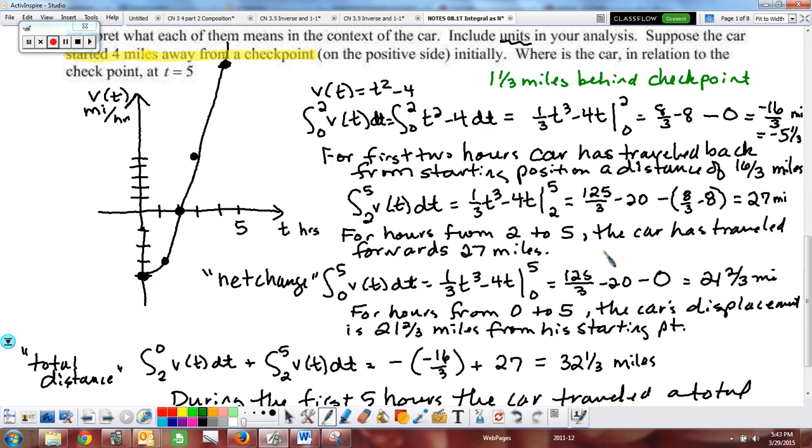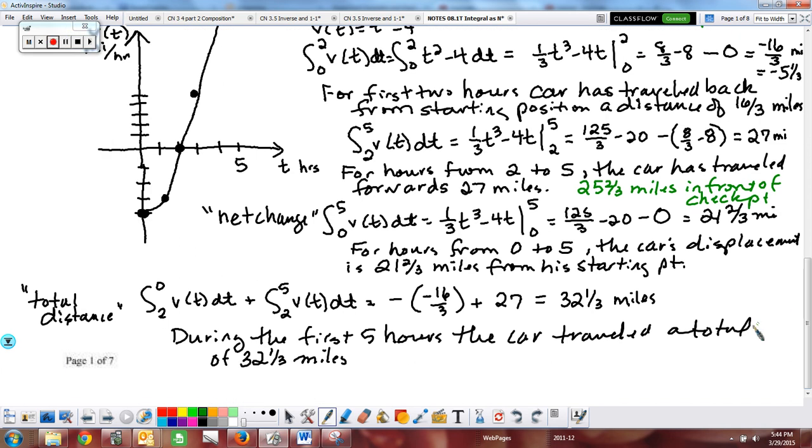So I would end up at 25 2/3. So at this point, the car is currently 25 2/3 miles in front of the checkpoint, because where I am is where I was plus my displacement.